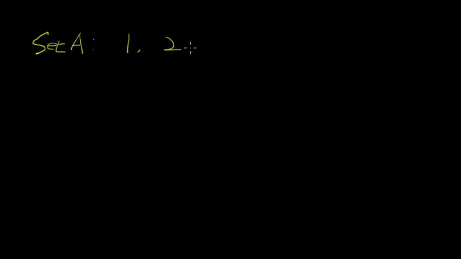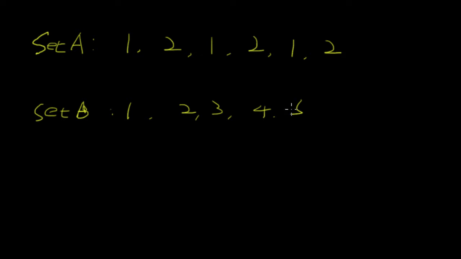that has 1, 2, 1, 2, 1, 2. So 6 data points, relatively very concentrated because there's only 1 and 2 in the data set. And let's say set B is another data set, 1, 2, 3, 4, 5, 6.